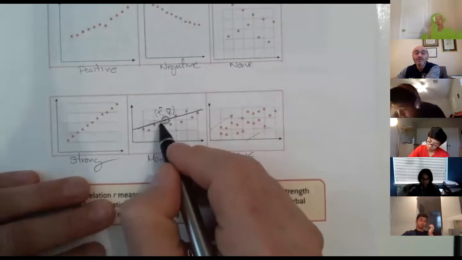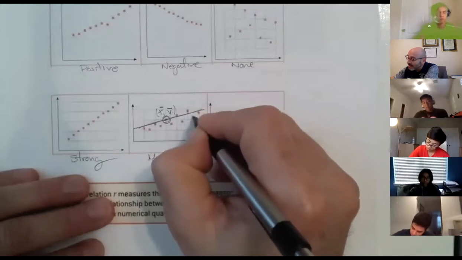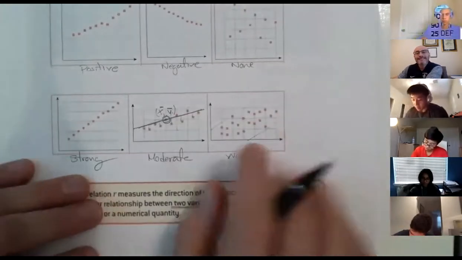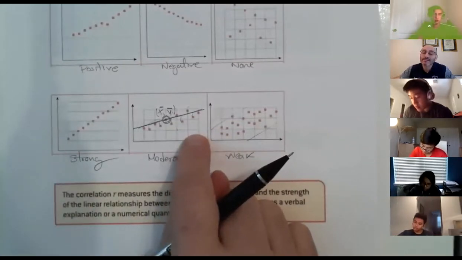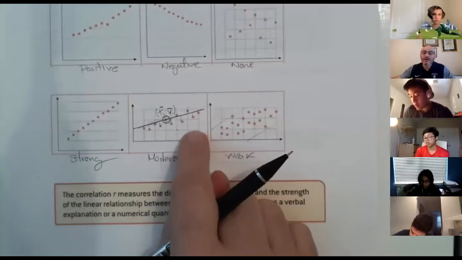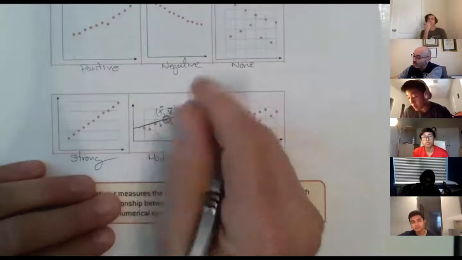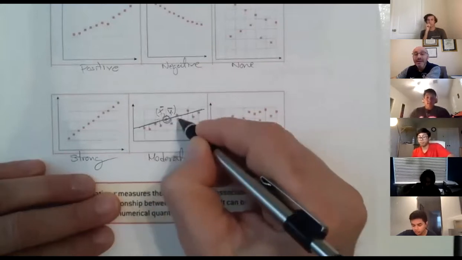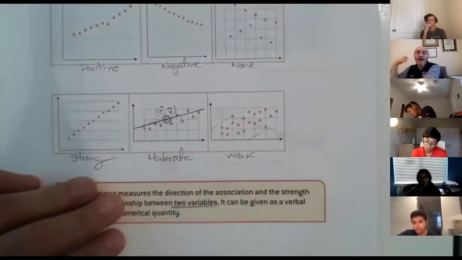What I'm trying to do is make the distance between the points and the line as small as possible. This method, the line of best fit, is not the more accurate one. It's very inaccurate, as a matter of fact, when we compare it with the regression. We get these two points and then we move that line to reduce the distances between the points and the line. Again, it's not the most accurate.